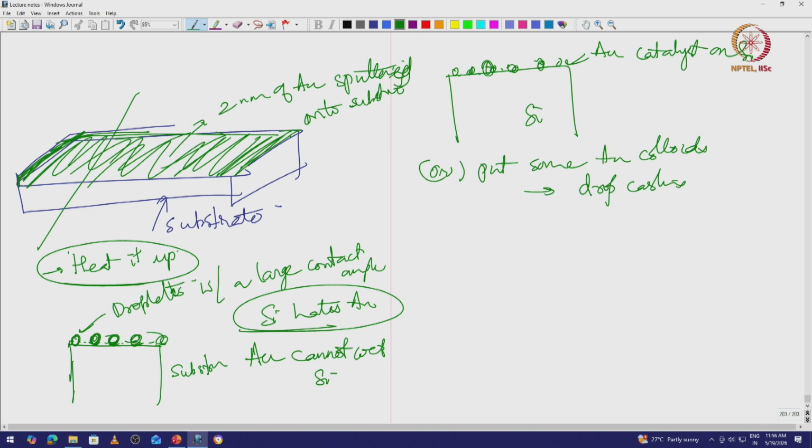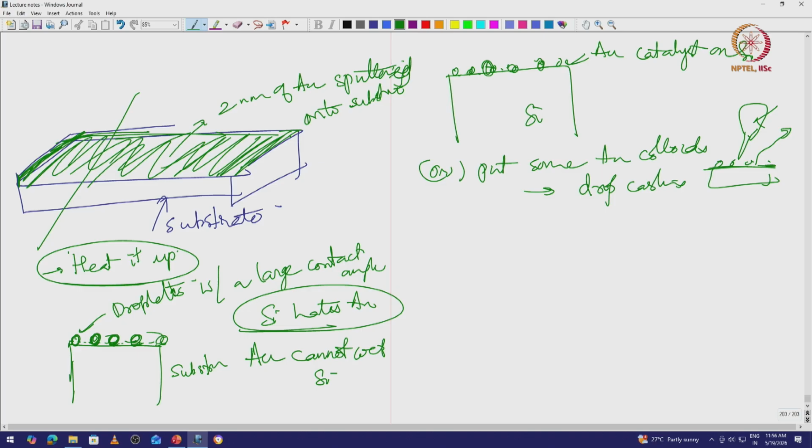Put this gold colloidal solution in a pipette, press it and spread them around. That is called drop casting, and the solution evaporates. If you put it in ethanol or something like that, the solution evaporates and all you have is gold colloids arranged in a certain fashion. Alright, so I have gold to start with on a substrate.